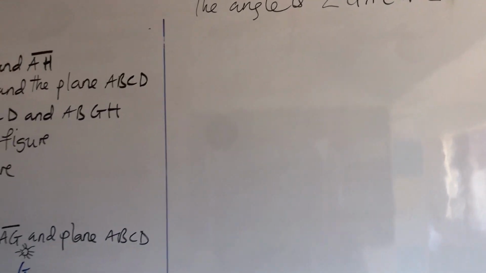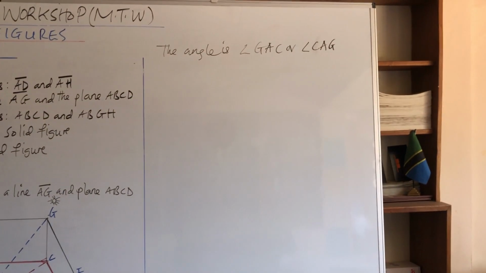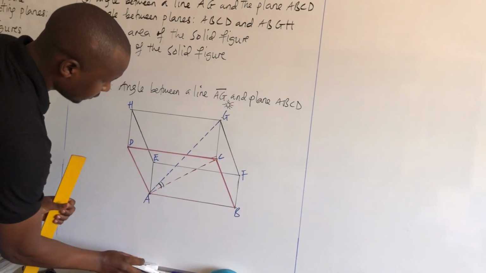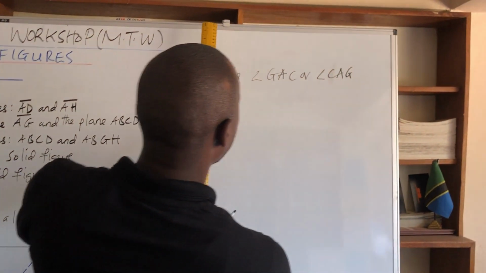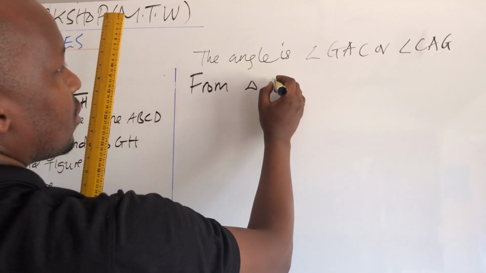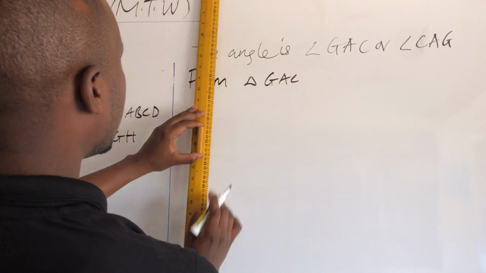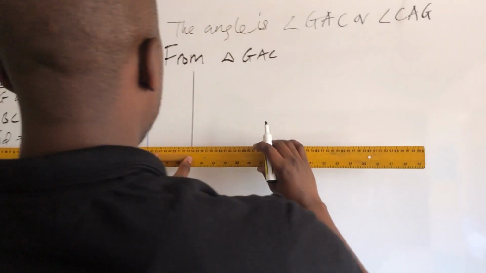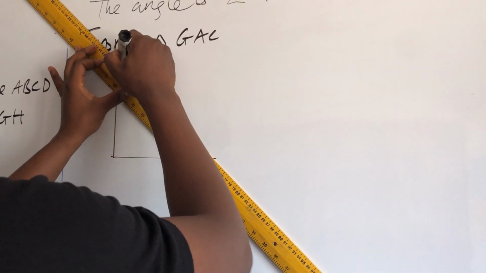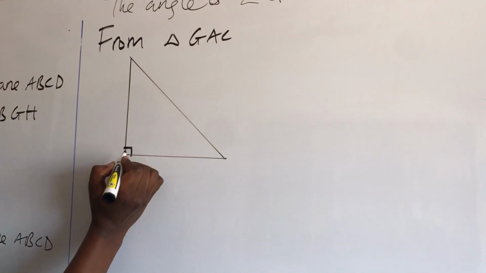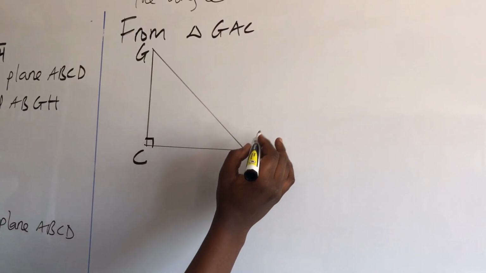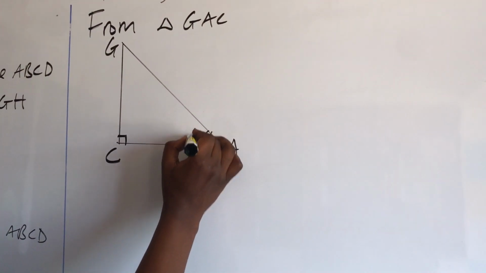Now, from the name of that angle, we can use those points to form the triangle to which the angle belongs. So we have the triangle GAC, which is right-angled: the right angle here is C, here is our G, and here is the point A where the angle is.